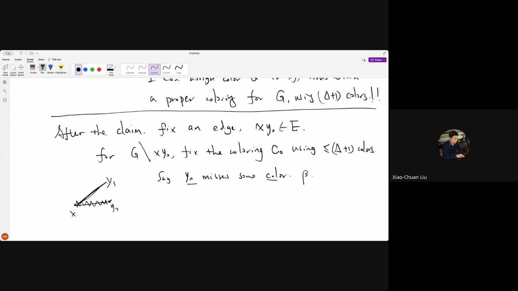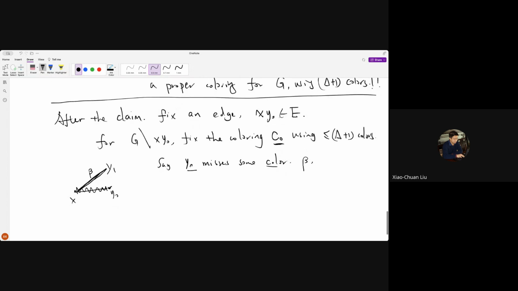I want to find an edge x y1 which is assigned the color beta given by coloring C0. Either I can do it or I cannot. Okay, so I want to do this a lot.